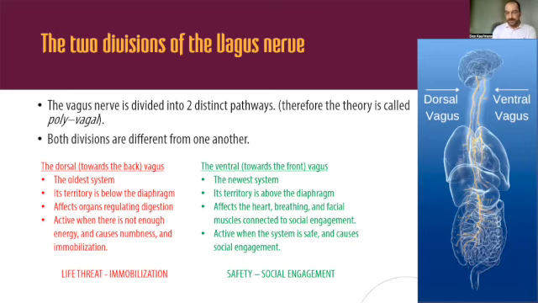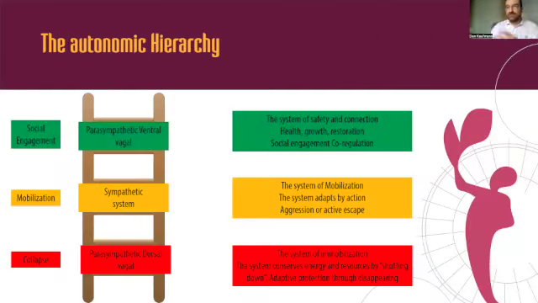So let's make a summary of everything we talked about, because it's not coincidental that we looked at the history, because there is a hierarchy when we want to understand how we experience things during the day. There is some sort of hierarchy that we move in and out of.